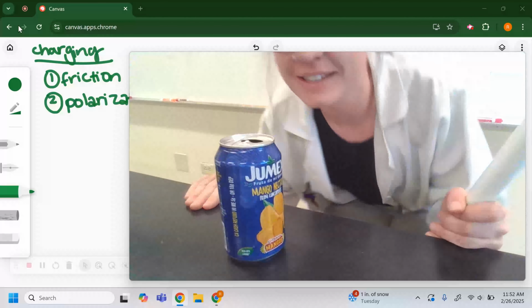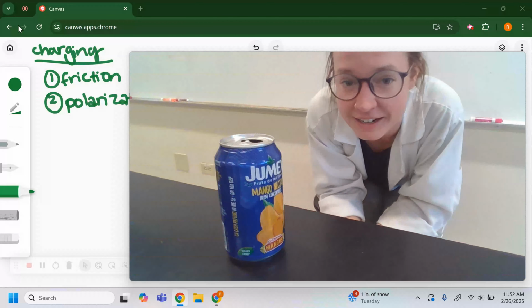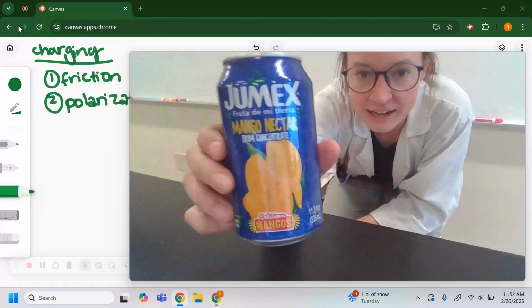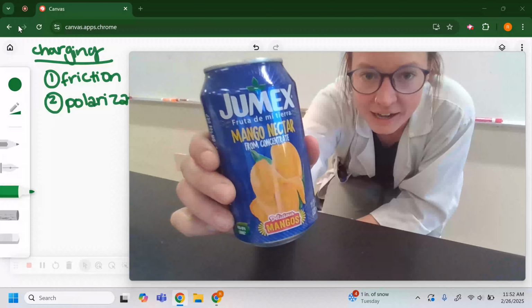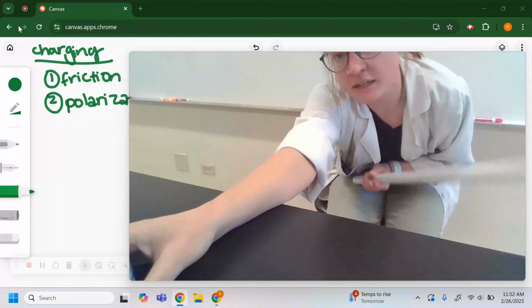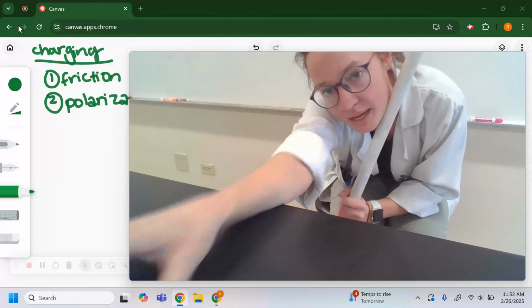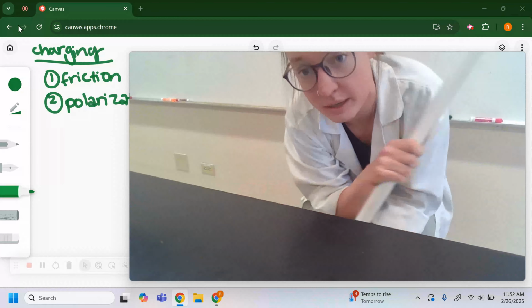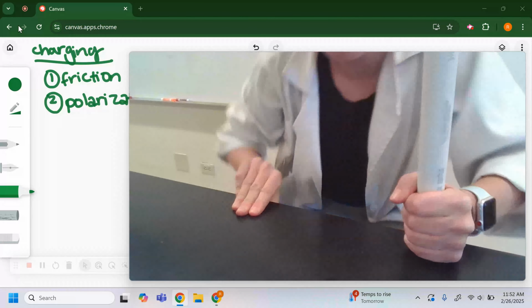Okay, here you see that I have an aluminum can of mango nectar. Here is a PVC pipe. This is a party trick which is sure to work for you. The next time you go to a party, bring your PVC pipe with you.